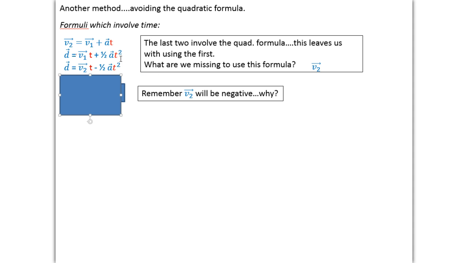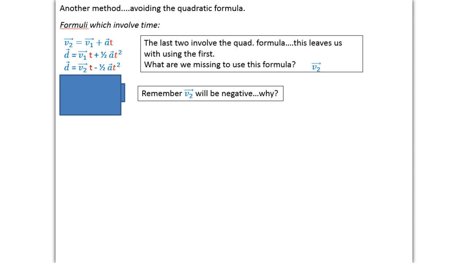Now, if you notice the last two, we can't use these because that would take us back to using the quadratic formula, which is something we wanted to avoid. So why go back in and start the whole process over again if all you want to do is avoid using the quadratic formula?